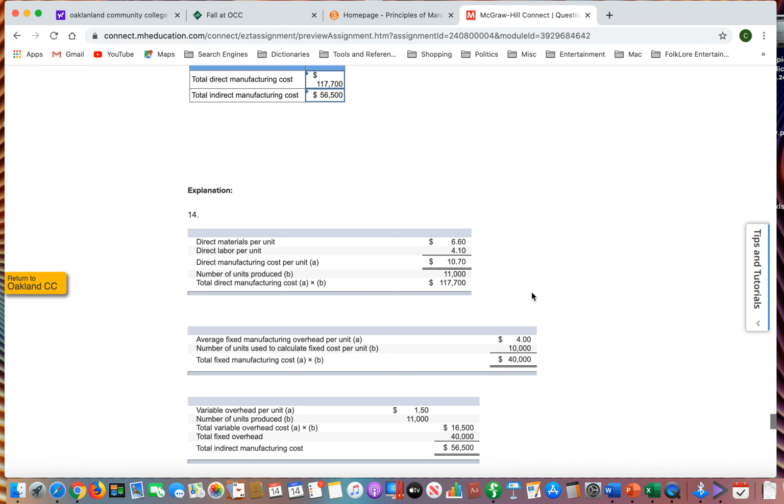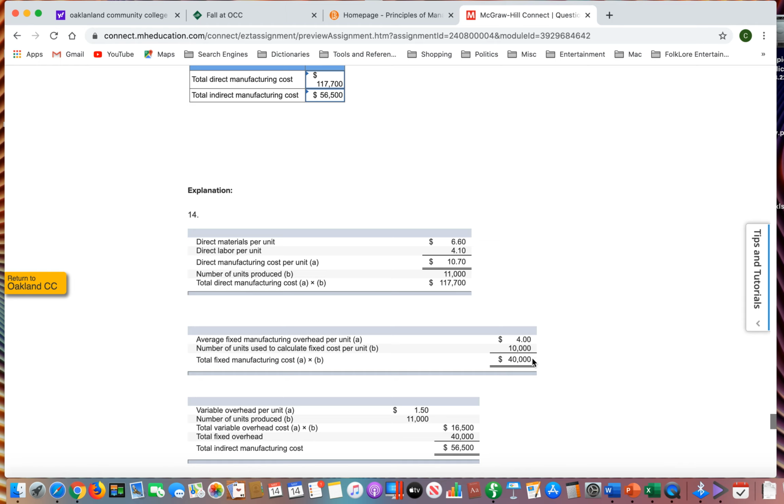But the indirect manufacturing is, of course, the overhead. That's what overhead is, indirect. That 40,000 is going to be their total. Then you add the variable, which is $1.50 per unit. You got 11,000 units.